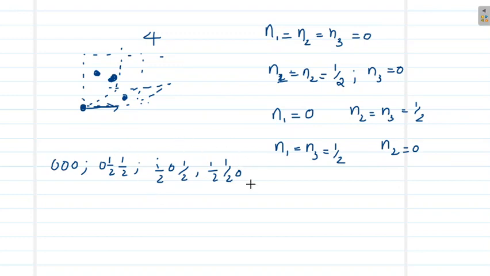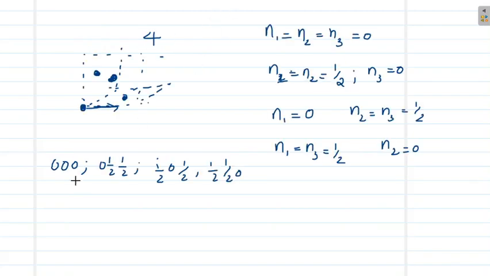Now substituting these values of different n1, n2 and n3 into the equation of structure factor, we will get structure factor Sg equal to summation over j over different Rj's. We have 4 Rj here, 4 atoms are present. So 4 sets of values are here.